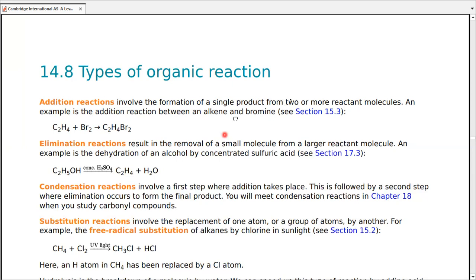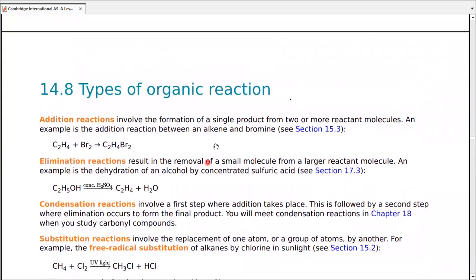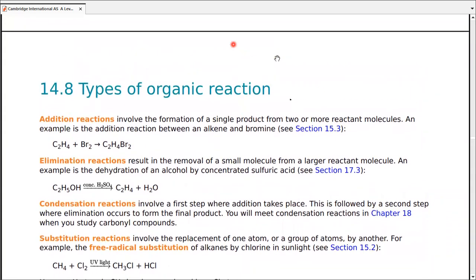So let's move on. Addition reactions. Since you are already familiar with addition reactions, I'm going to quote a couple of examples apart from the one that is already over here. Formation of a single product from two or more reactant molecules, usually if one of them contains a double bond or maybe a triple bond. For example, you have seen halogens being added to alkenes in such a way that they form a single product.